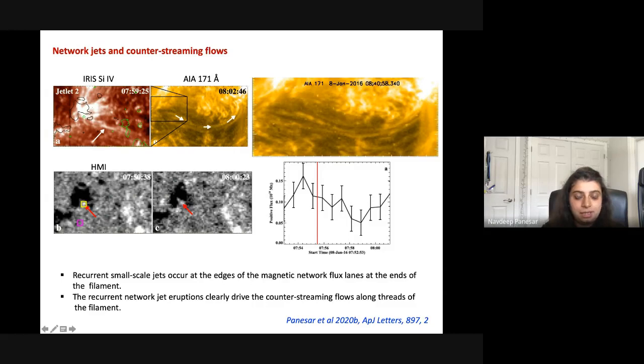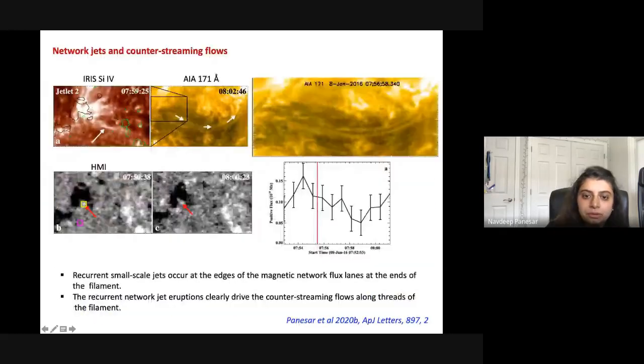This is the IRIS image for this region, and you can see there is a jetlet. So IRIS shows very nice jetlets that come one after another. They trigger flow towards the right in the upper loop of the filament, and then jets on the right-hand side drive the flow towards the left. You can see in this movie too.